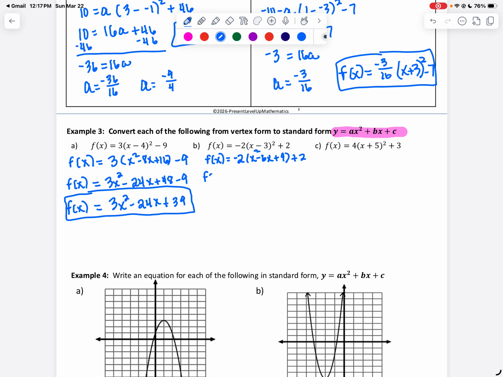Now we'll distribute. So that would be negative 2x squared plus 12x minus 18 plus 2. And then combine like terms. So f of x equals negative 2x squared plus 12x minus 16.